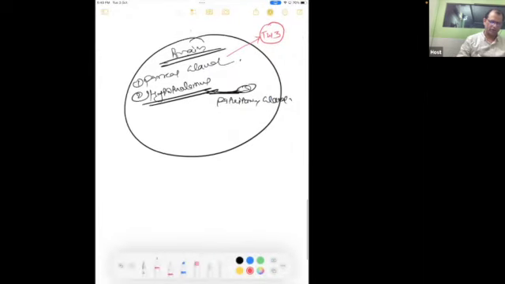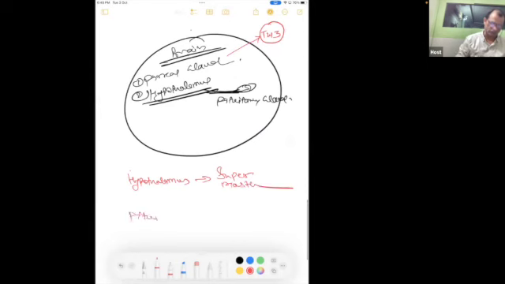Now, hypothalamus is a very important gland found in the brain. Hypothalamus has been considered as a supermaster because pituitary gland is the master of endocrine glands. तो पिट्यूटरी ग्लैंड को कहते हैं कि ये हमारी एंडोक्राइन ग्लैंड की सारी जितने भी एंडोक्राइन ग्लैंड्स हैं, जैसे कि थायराइड है, like the pancreas, like the ovary, like the testes.